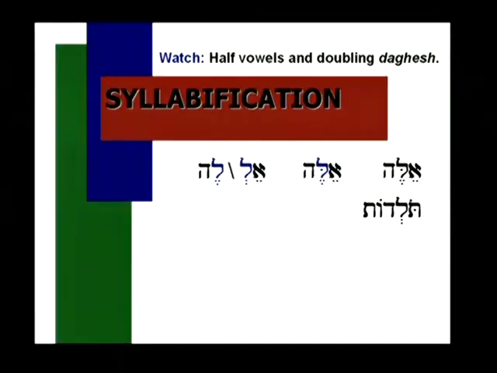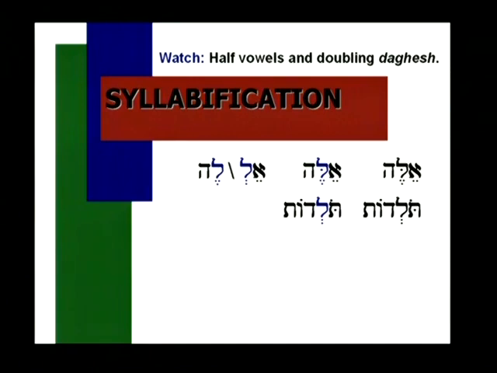Okay, we begin with this one. We start at the end. Remember, we have a problem here. We have the schwa. The half vowel, the schwa, cannot form a syllable by itself. We've also learned another rule, that the schwa that follows an accented syllable is silent.